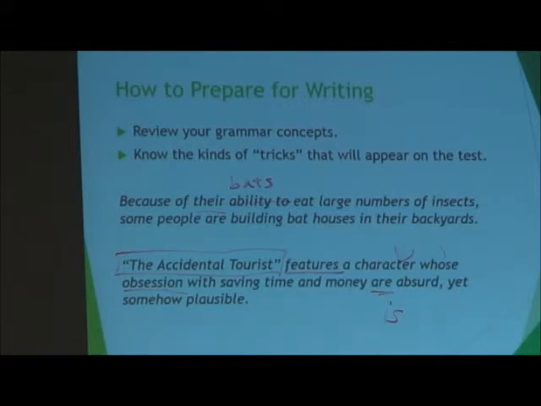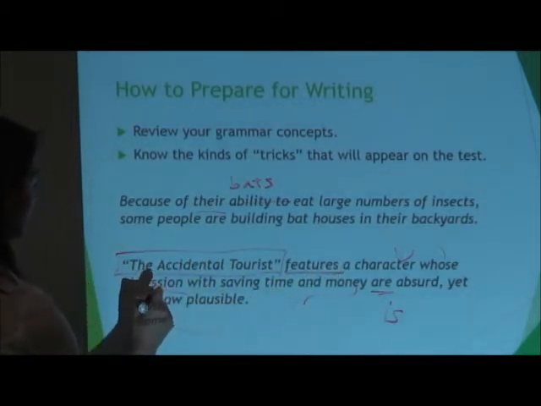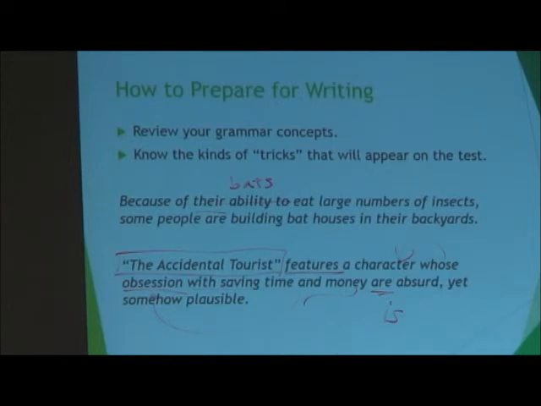So you want to make sure every part of the sentence grammatically makes sense. So we've got subject, verb, object, right? And then the "whose" refers to character, so the "whose" is correct. And then you've got obsession with saving time and money. So this describes what kind of obsession, right?